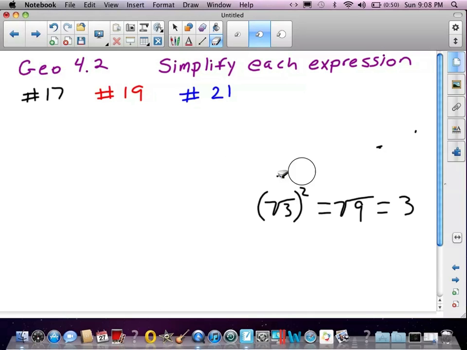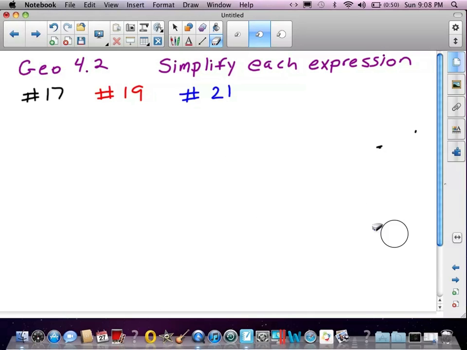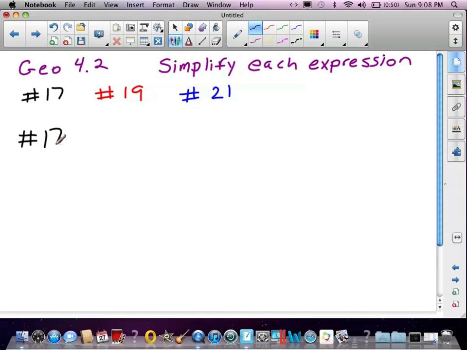So now let's take a look at the problems that are being asked of us in the skills practice. And we'll start with number 17. Number 17, and this is done for you as well, is giving us the problem of 5 over the square root of 6.